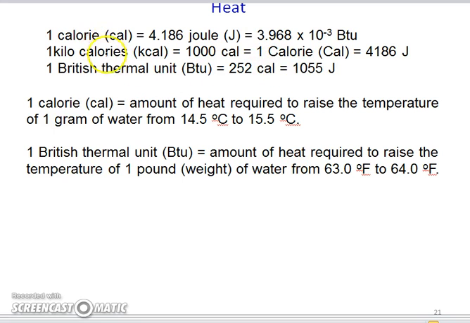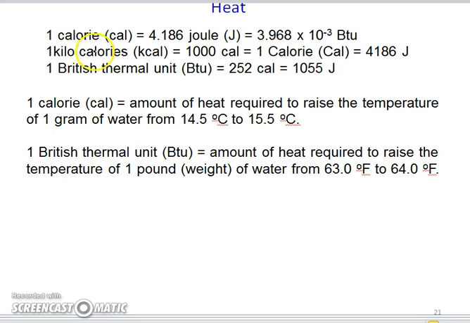So let's look at some of the conversions here. 1 calorie, and remember there are 2 calories we are talking about here. 1 calorie starts with a small c, and 1 Calorie with a capital C. 1 capital C Calorie is equal to 1000 small c calories. So 1 kilocalorie is equal to 1 capital C Calorie.